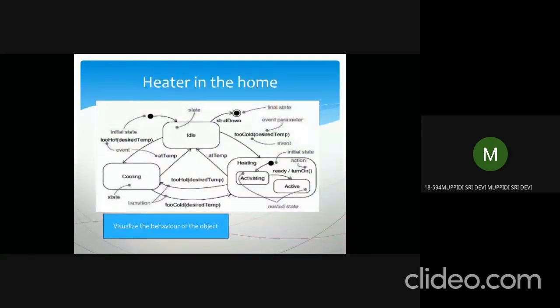Then there are transitions, like between idle, cooling and heating, the directed lines. All these are transitions. A transition is responsible for changing from one state to another state. And also you will find the substates.